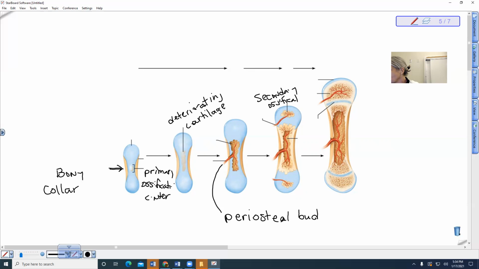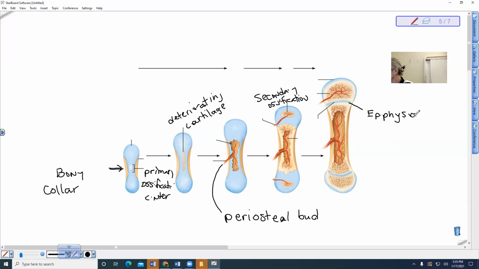I apologize for the quality of my printing. It's just not picking it up because it's so small. Okay. So notice that we have secondary ossifications in the epiphyses. And then what happens is that we get this development of what is called the growth plate or the epiphyseal plate.